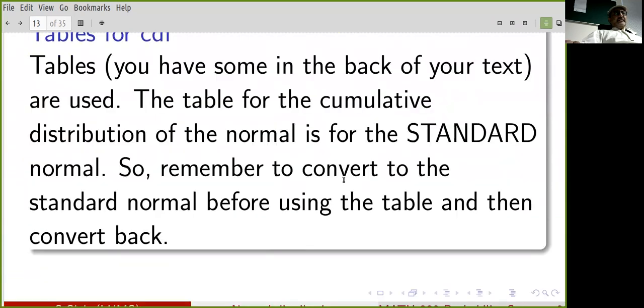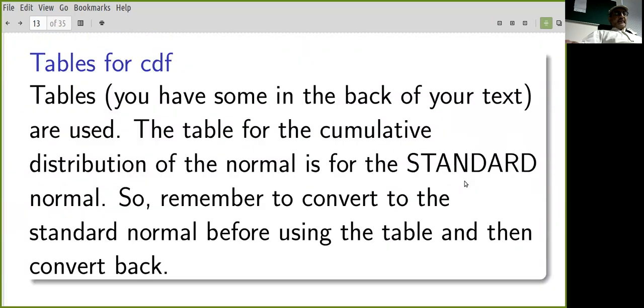Those values for the CDF can be found in tables, or they can be done online.